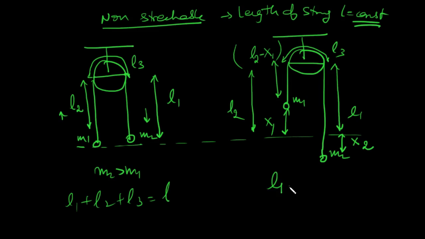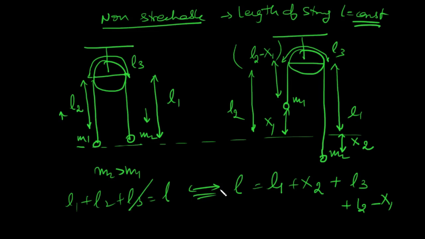That would be L1 plus x2 plus L3 plus L2 minus x1, which would be equal to L. These are the same, since the string is not stretchable. Equate the two, and L3, L1 and L2 will cancel, and we have x2 minus x1 equal to 0.